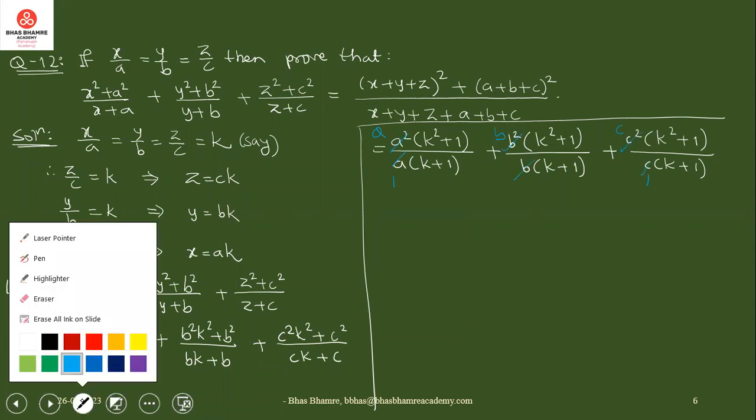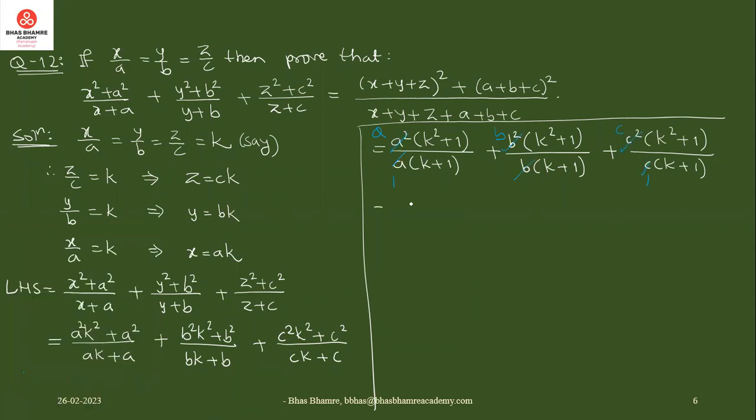So we get there a in bracket k square plus 1, plus b in bracket k square plus 1, plus c in bracket k square plus 1, and totally upon k plus 1, as those a, b, c have been cancelled out.